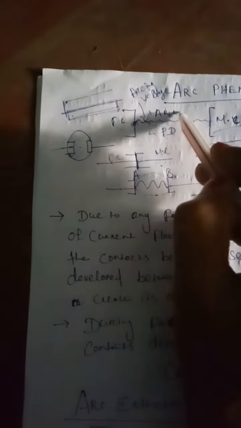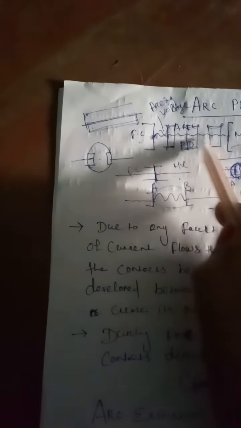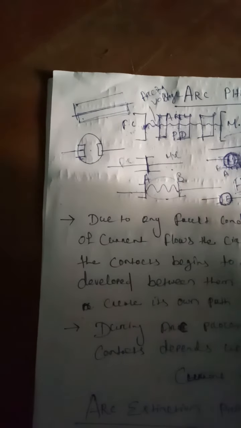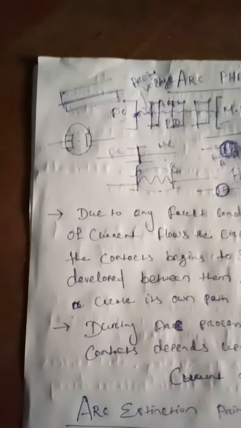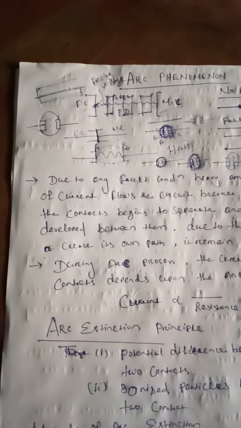Then splitting of the arc means, in that arc position, if we put two or three plates, then we divide that arc into different parts. So in this process also we increase the resistance of the arc, and we achieve our goal, means we reduce the current or we interrupt the current path.